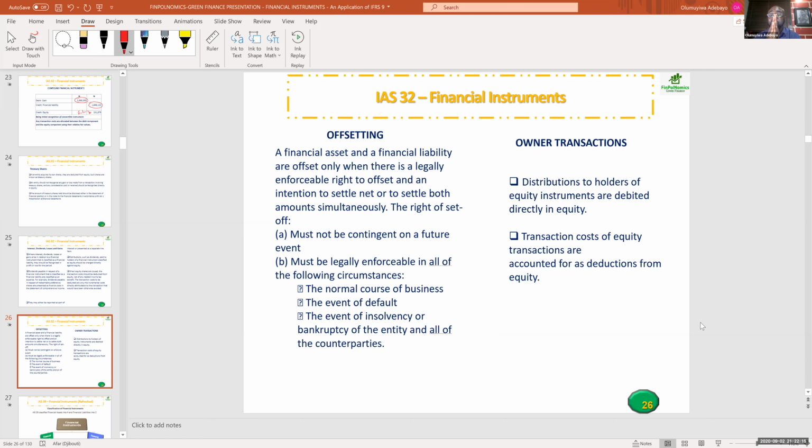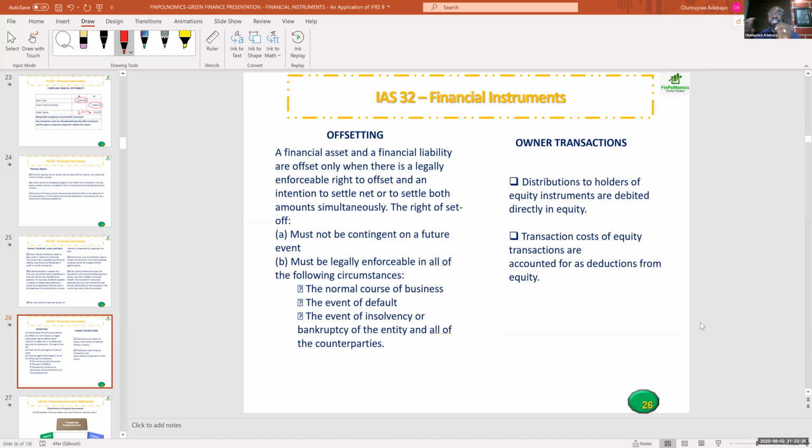Also, owners' transactions. Every form of transaction that affects equity directly is considered a transaction with owners of equity. Such transactions might include issue costs associated with the issue of shares. They don't qualify as an expense.